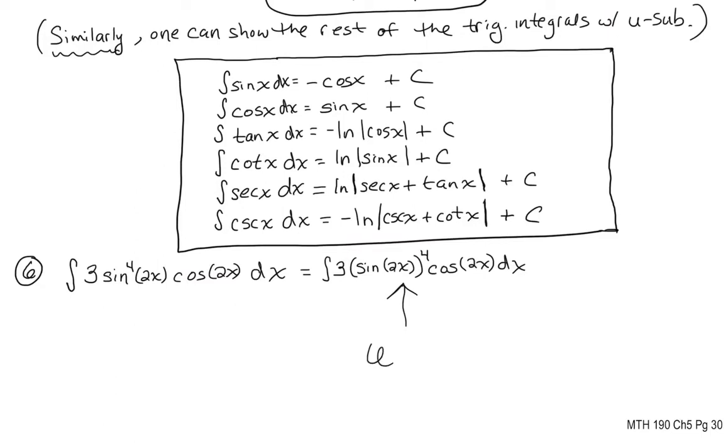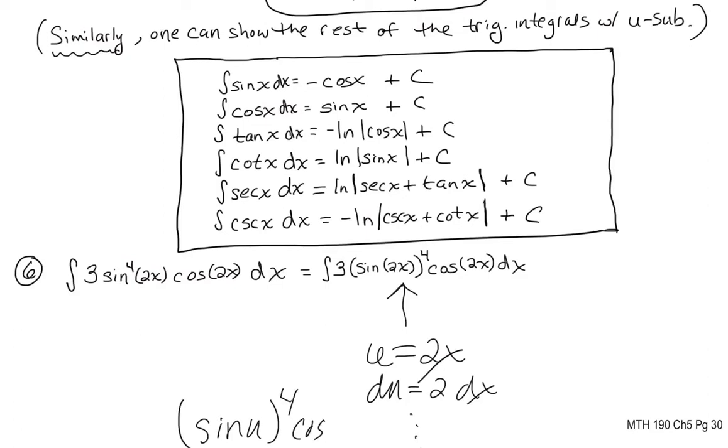Suppose that we did let u equal 2x, and then we'd have our du as 2dx, and we continued from there. What would I end up with in a best case scenario if the 2 x's weren't there and they were just plain old u's? I want you to think about how you would still have a product, a composition. Even with some constants here, you would still have a product and you'd still have a composition.